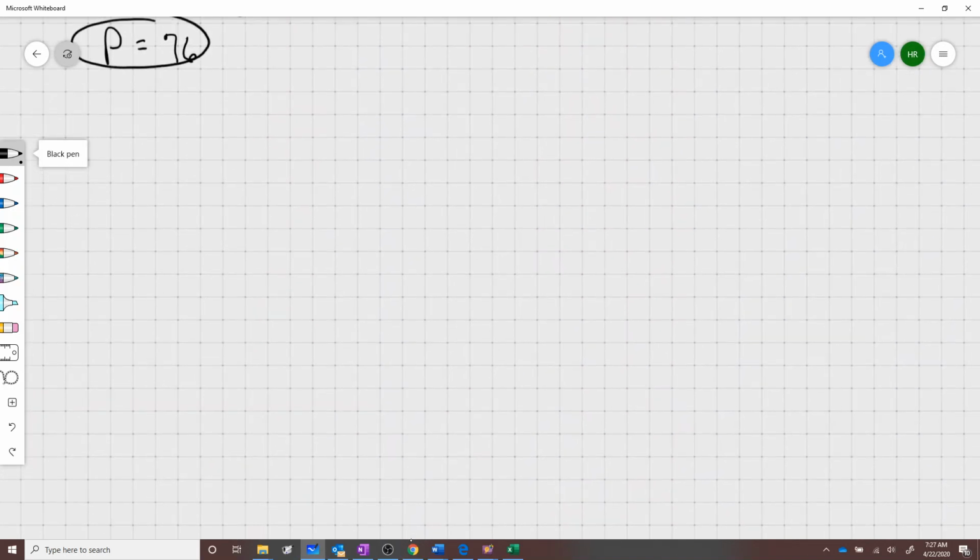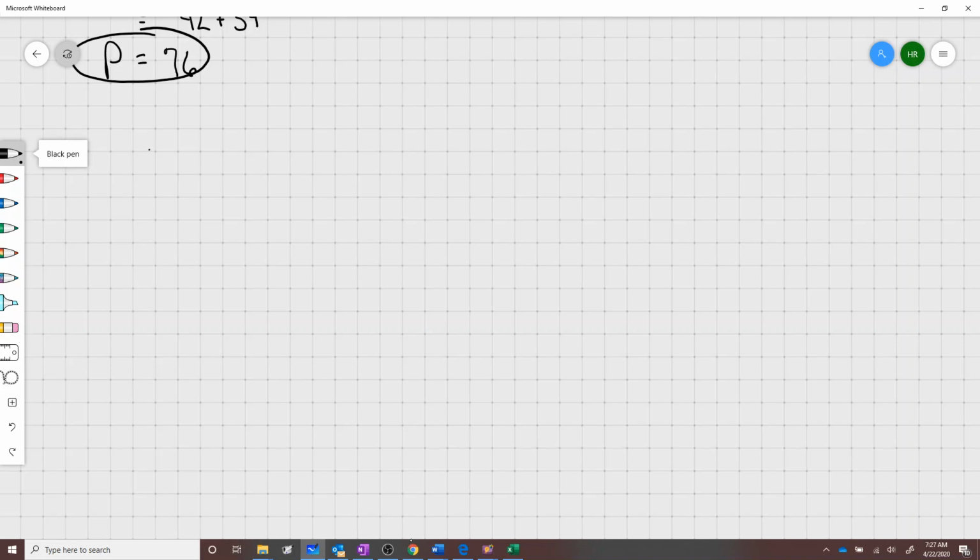Alright, example problem 1b. Same directions, we're going to find the perimeter and the area of the parallelogram. Alright, it's got a bottom down here of 23 units.